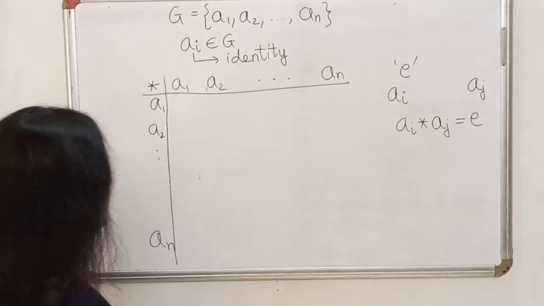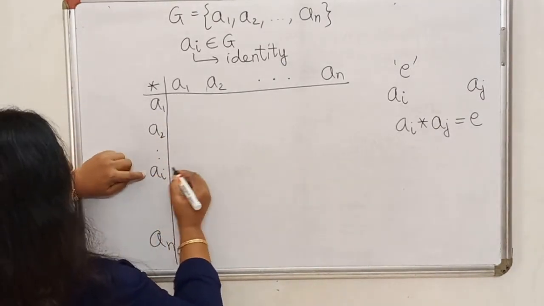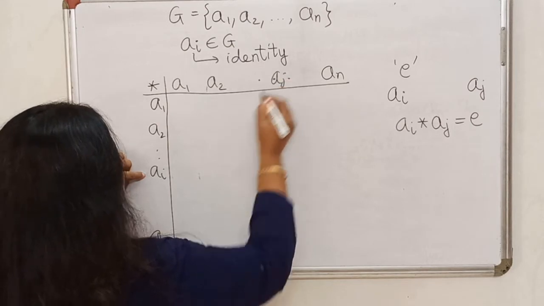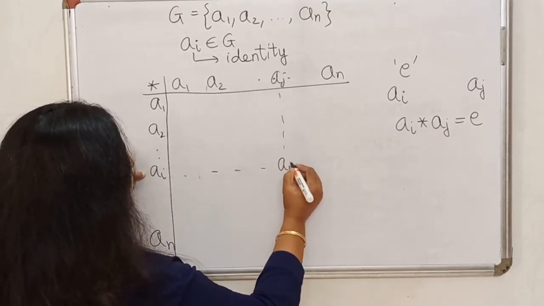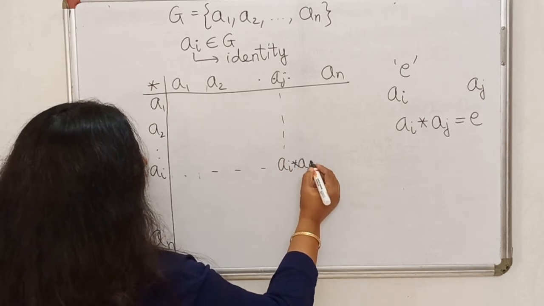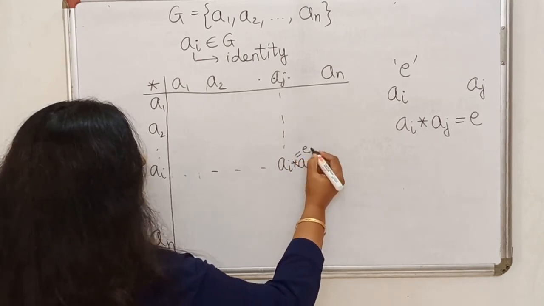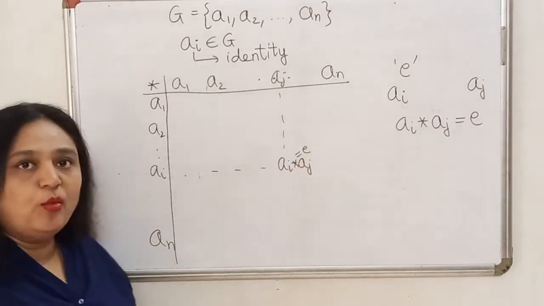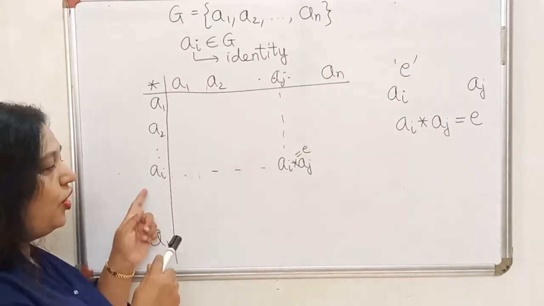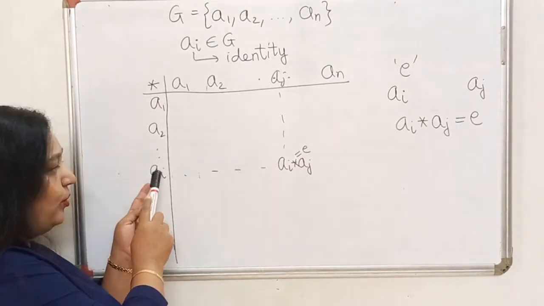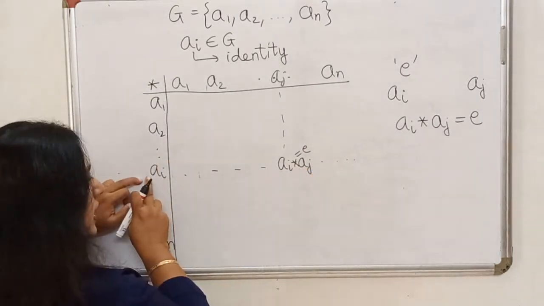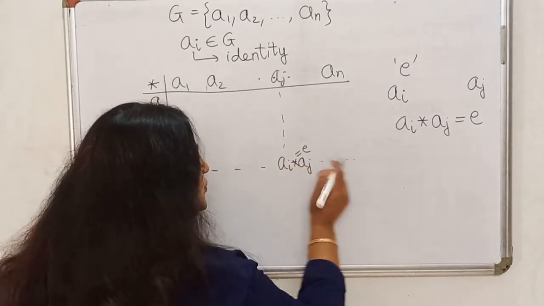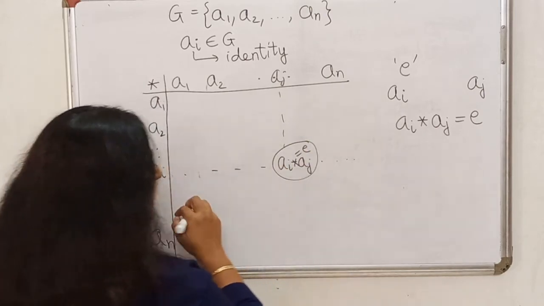But where am I going to get this element exactly? So if this is AI and this is AJ, somewhere here, the intersection of this row and this column will be the element AI star AJ. So if I want the inverse of AI, I need to go in this row and spot where I get the identity.